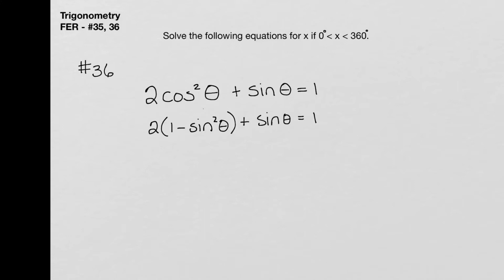And now I'll distribute the 2, and I'm going to take the 1 and subtract that from both sides at the same time. So I have 2 minus 2 sine squared theta plus sine theta minus 1 equals 0. And now let's get these straightened out and combine like terms.